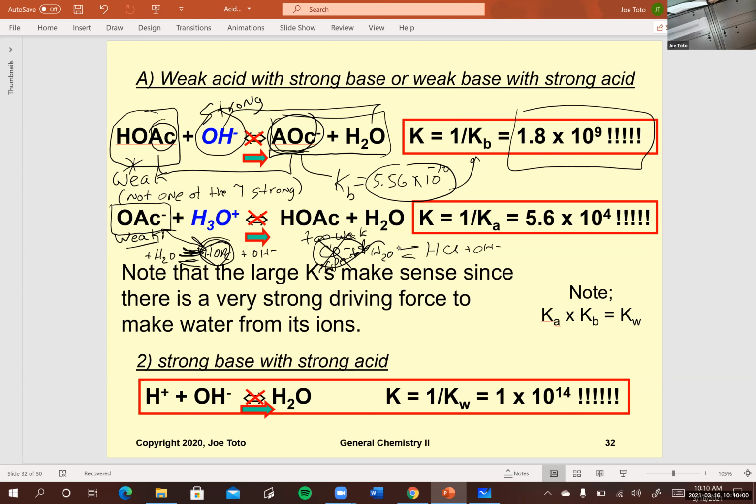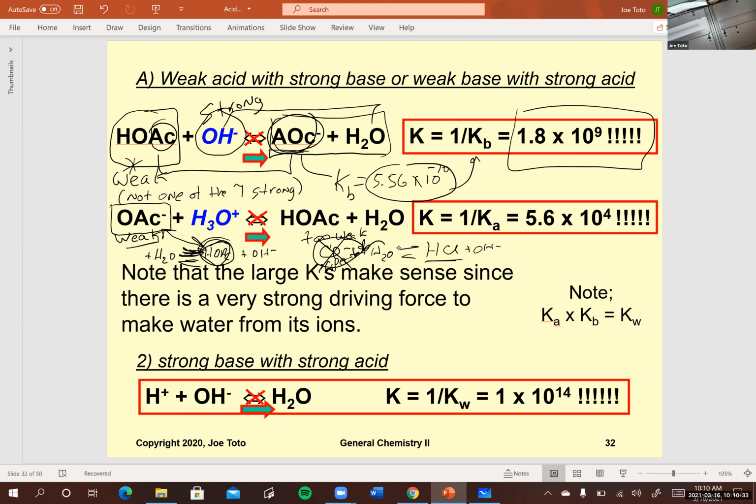So I can deduce that this negative ion, which I surmise might be a base, is in fact a base in this case because it forms a weak acid when I react it with water. If it formed a strong acid, then I know it's not a base at all. It's a spectator. And it's not a strong base because it's not one of the strong bases that we looked at before.